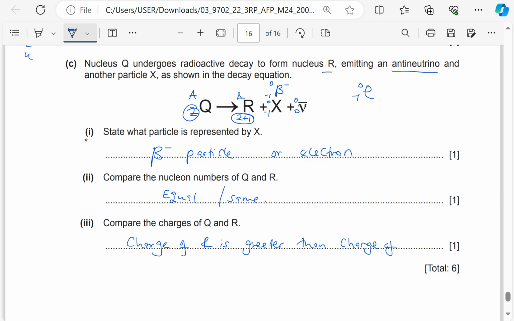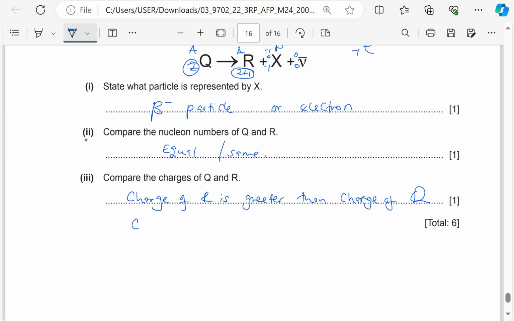The charge of R is greater than the charge of Q. Or you could say the charge of Q is less than the charge of R. As simple as that.